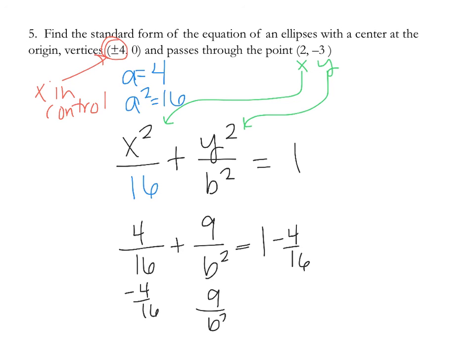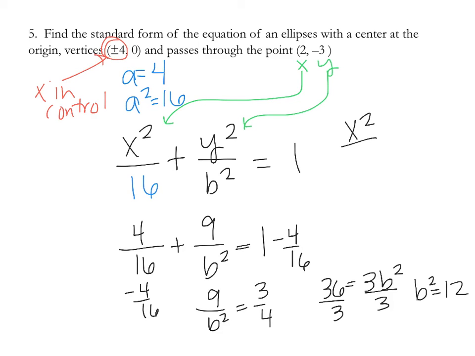That's 9 over b squared is equal to 12 over 16. Or you can reduce that. That reduces to 3/4. And then if I cross multiply, I get 36 equals 3b squared. And divide. That tells me b squared is 12. And then I can go ahead and plug that into the equation. So it's going to be x squared over 16 plus y squared over 12 is equal to 1.